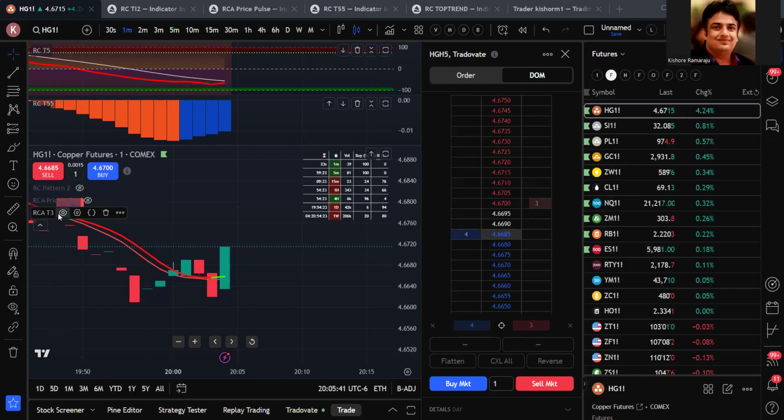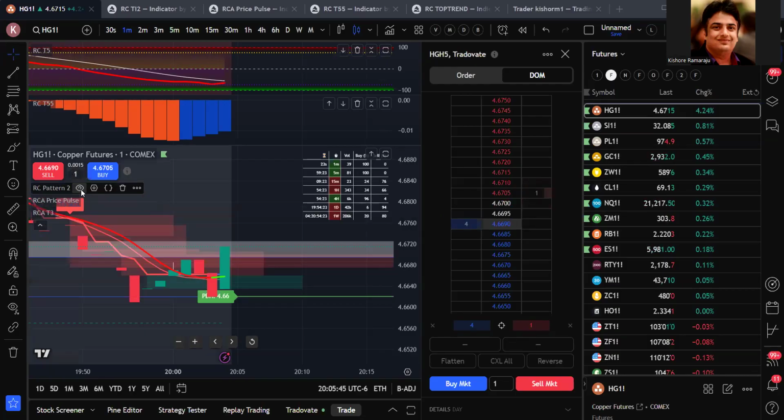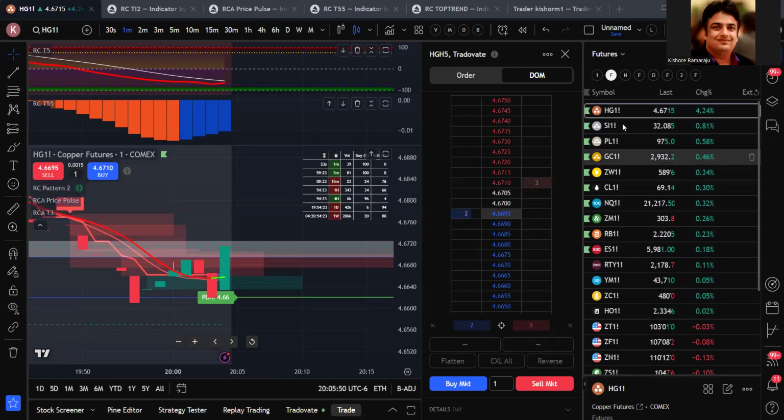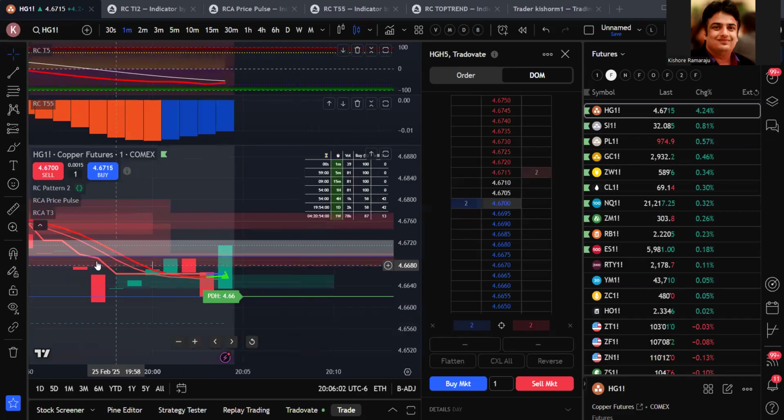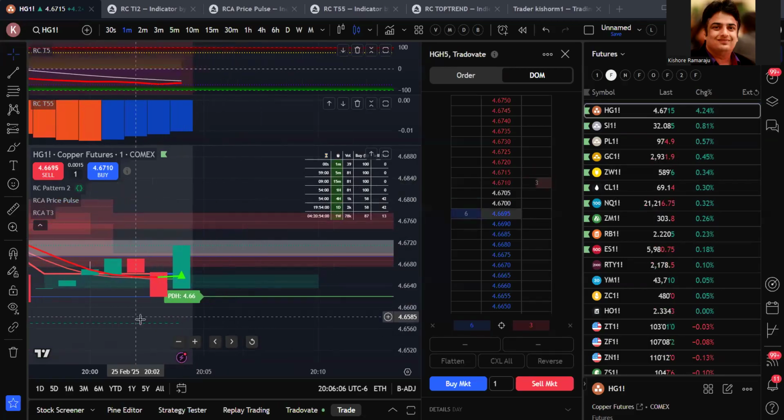So now you can enable all your other indicators like price pulse, P3 or pattern 2. And then whenever you get a buy signal on these symbols, mainly copper, silver, platinum, gold, ZW, crude oil, those are the main ones, because futures trend ranker already gave you that they are looking very good for bullish.